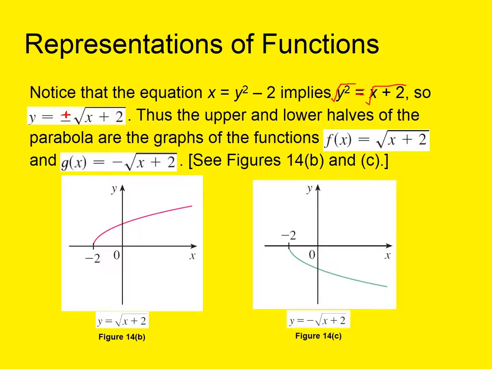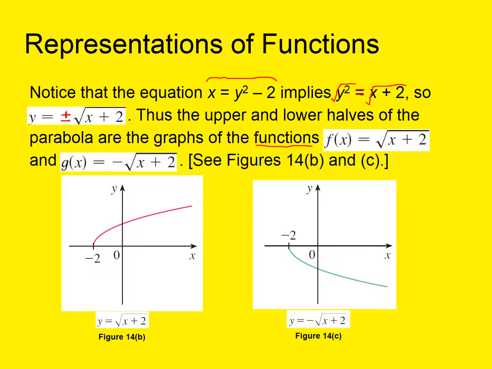Top half of the parabola, bottom half of the parabola. Thus the upper and lower halves of the parabola are graphs of actual functions, but the thing is you have two of them. So we could not say this thing here is or represents a function. It's actually two functions, but as considered as one, it is not a function.